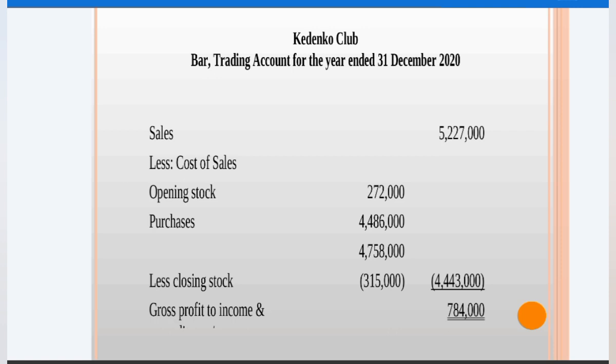So having gotten those two items, the ones that we are supposed to take to this, we prepare the trading part of the organization. And of course, we know the sales is 5.227 million.